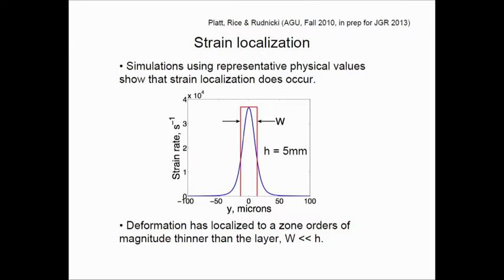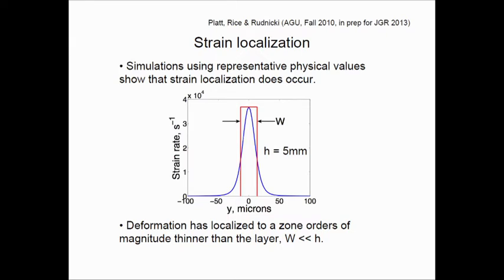But the final strain rate after this system settles down into a highly localized state is given by that blue bell-shaped curve. It is actually rather well fit by a Gaussian, but here on this slide it's fit by a rectangle of equivalent area. So what you see is even though we start shearing a zone 5 millimeters thick, all of that shear ends up concentrated in the zone which is of the order of 50 microns wide.